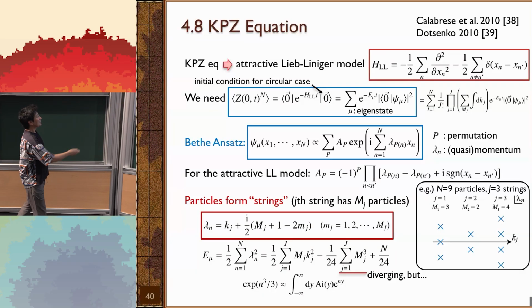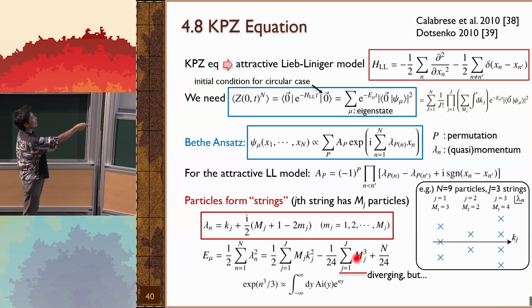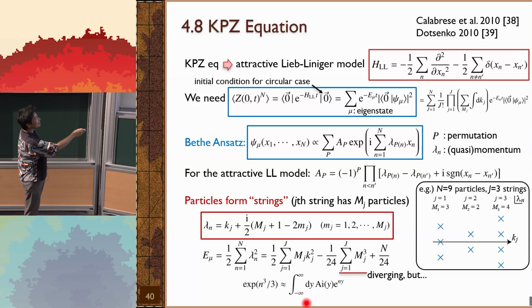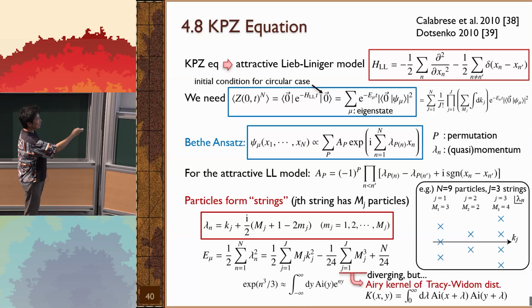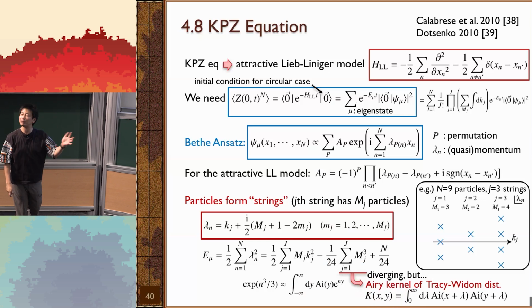So by using this, you have something like m cubed as the energy, and it goes into the power of this exponential. So it has a form similar to the left-hand side here. You can relate it in terms of the Airy function. And then this becomes the source of the Airy kernel, which I used to define and express the Tracy-Widom distribution.